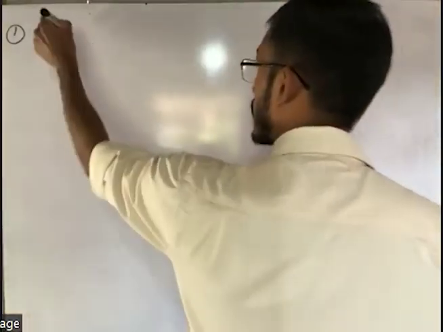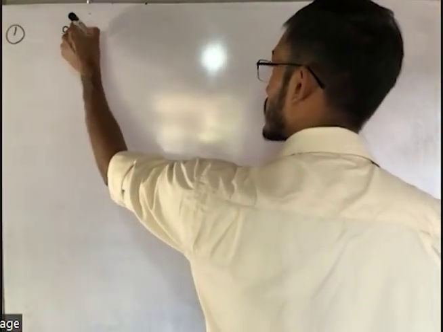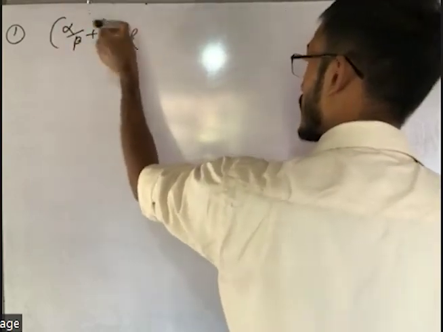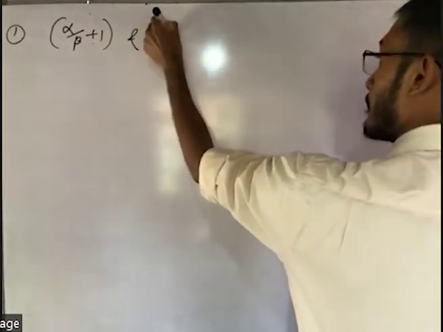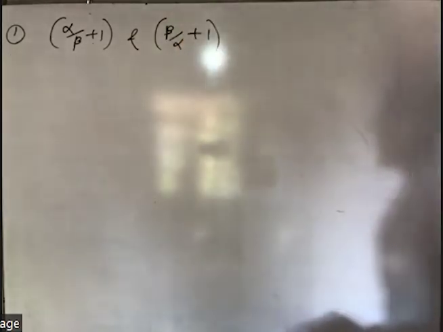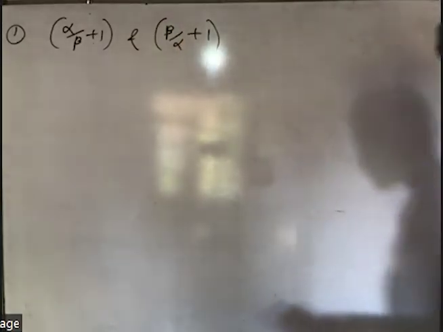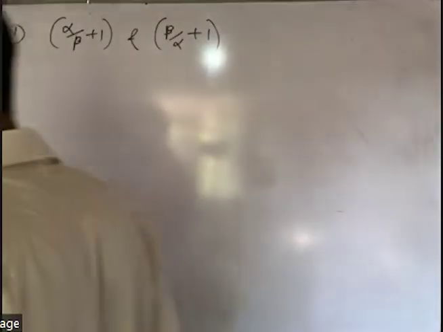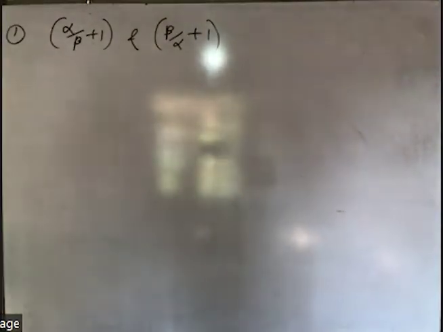Now write down, find the quadratic equation with roots alpha over beta plus 1 and beta over alpha plus 1. Right. Now we can use the previous formula directly.